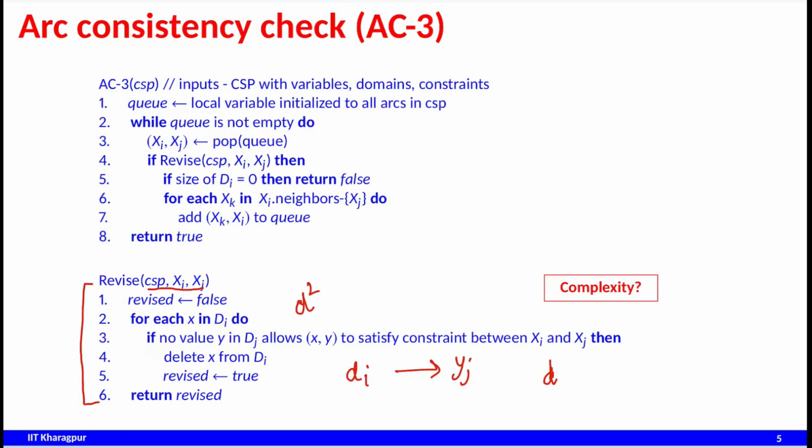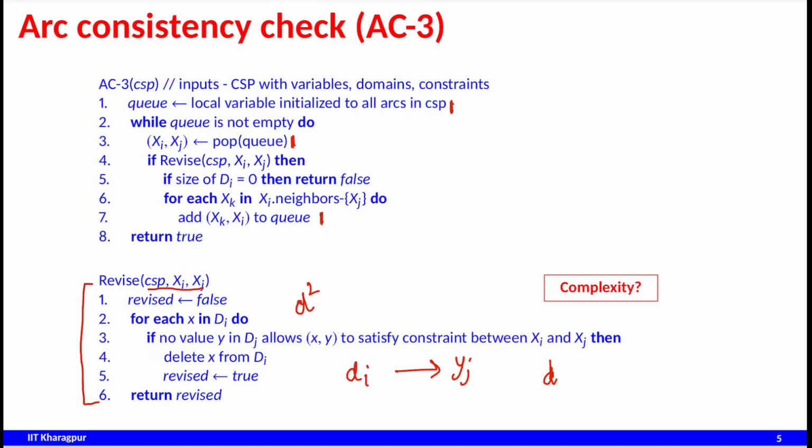Now coming to this part for AC3, we are removing an edge from the queue, and some edge can get added into the queue. What is the maximum number of times an edge can get added into the queue? It will be added in the very beginning, that's very sure.